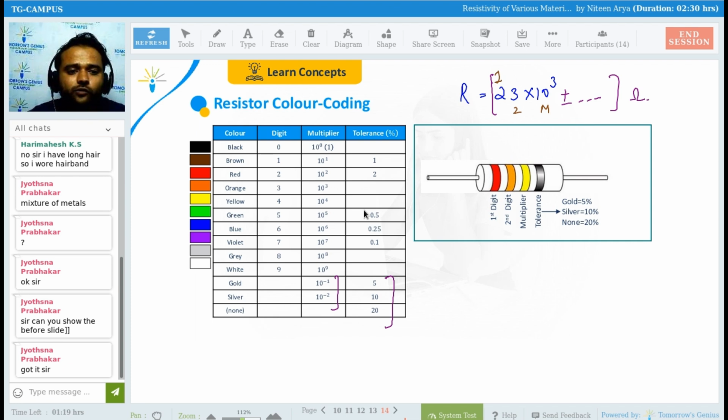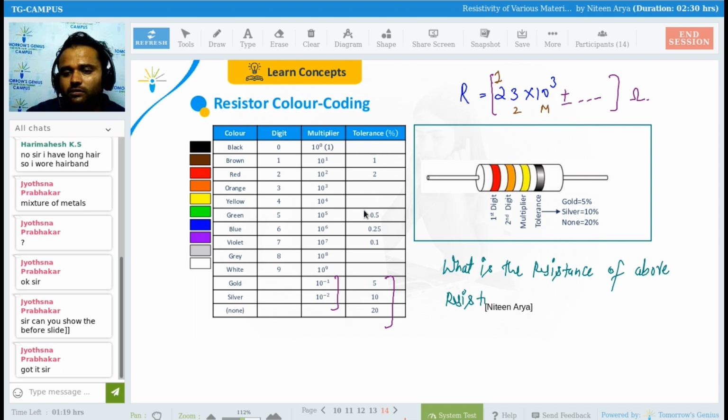From the left hand table and the right hand color code, tell me what the resistance of the above resistor is.